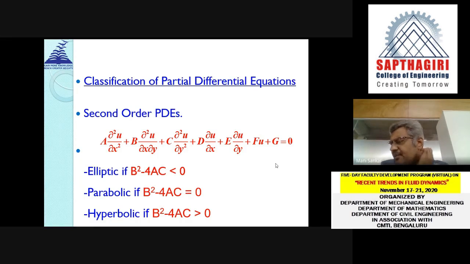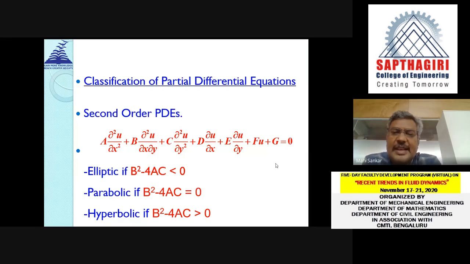When we have a partial differential equation, it broadly behaves in three different ways: elliptic, parabolic, and hyperbolic. In this particular differential equation, I assume that the coefficients A, B, C, D, E, F, and of course G are all constants. They can also be functions of the independent variables, but that's a different case.